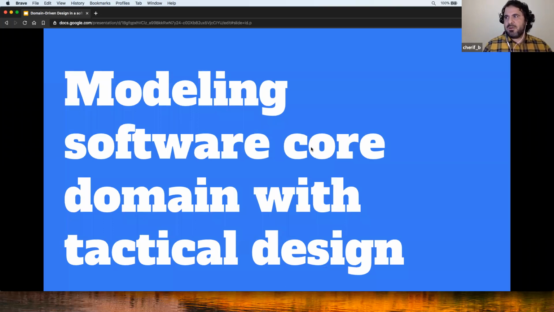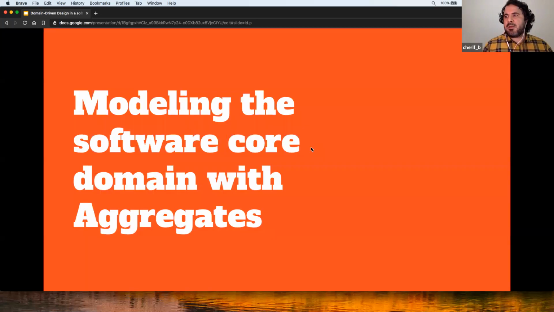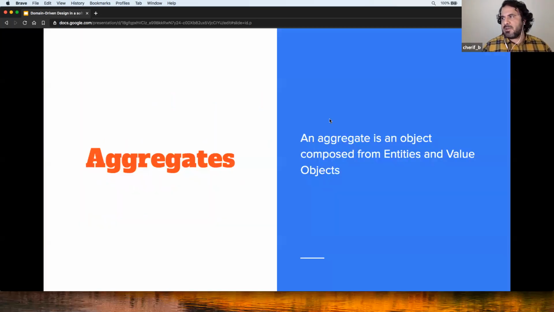And now we will go to the part of the tactical patterns of domain-driven design. Let's talk about aggregates. An aggregate is an object composed of entities and value objects. Like Matthias said, aggregates are a concept that is hard to understand in the beginning, but it is just a big object, or not very big.